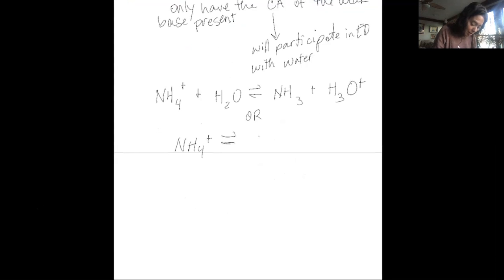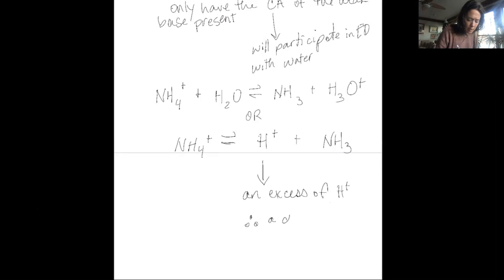Remember, ammonium is a weak acid, right? The ammonium ion is a weak acid. So as it's sitting there at the equivalence point in water, it will dissociate to some extent, producing an excess of hydrogen ions, pH going down. Therefore, a decrease in the pH.